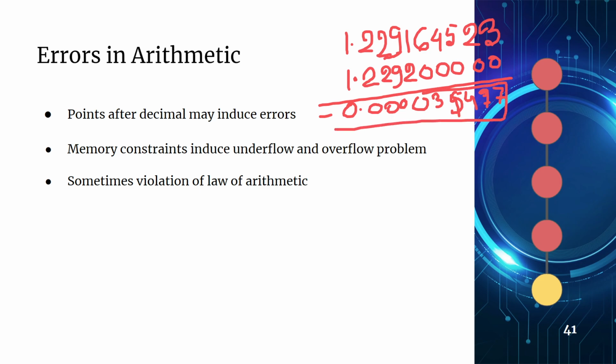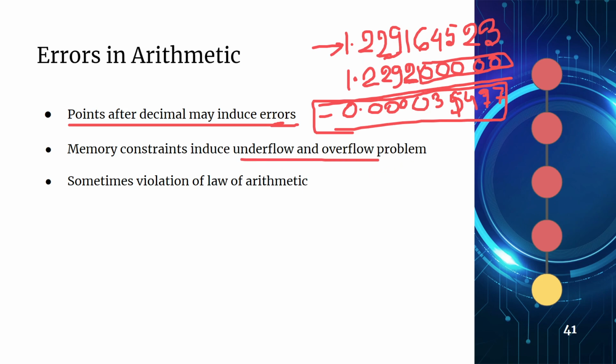So this is the amount of error because I did a truncation. So this is why points after the decimal may induce errors, because we might truncate it in several cases. And even if you want to keep all the values, we can do it, but keeping too many values may induce underflow and overflow problems in later cases.